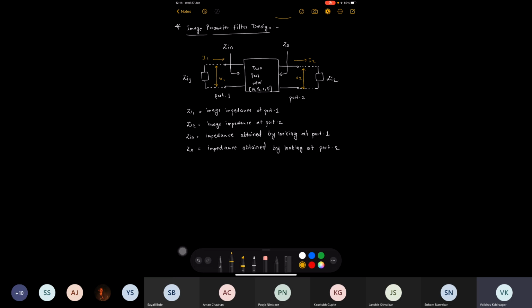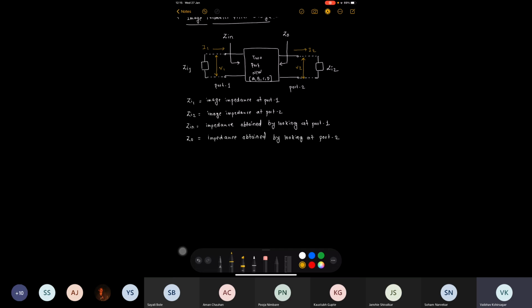Similarly, we have V2 as the voltage at port 2 and I2 as the current at port number 2. So ZI1 and ZI2 represent the image impedances of the filter. With the already known theory of ABCD parameters, if we want to relate V1, I1 and V2, I2 by using transmission line parameters, how can we express those?